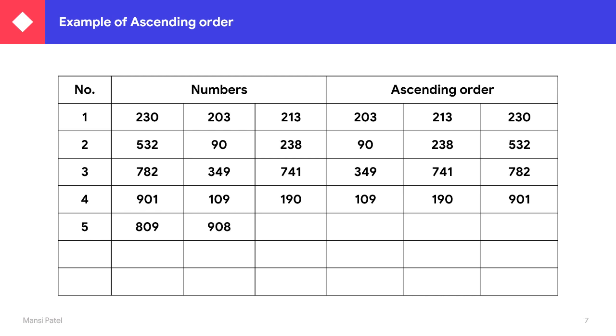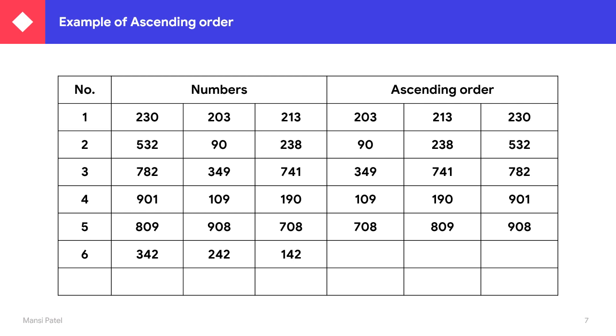See the fifth number: 809, 908, 708. You can already see 708 is the smallest number, so you write down 708 first, then 809 and then 908. Number 6: 342, 242, 142.